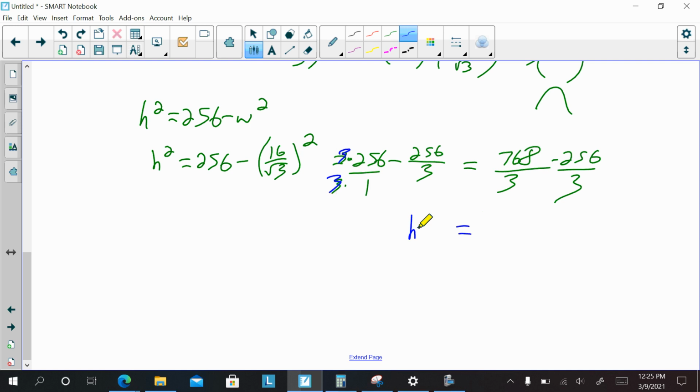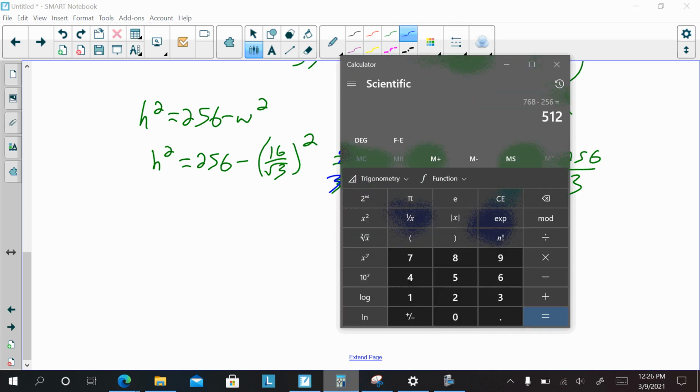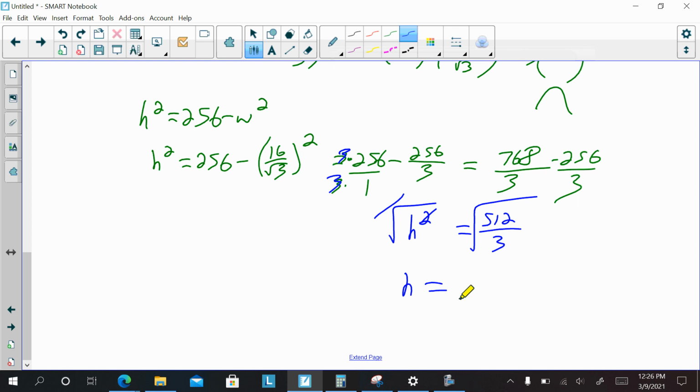So our height squared is 512 over 3. Take the square root of both sides, so that would give us our height, square root of 512 over 3. So that's not a perfect square. So whatever we get for the square root of 512 over 3, that would be our height.